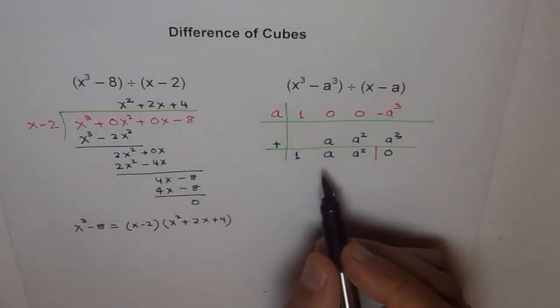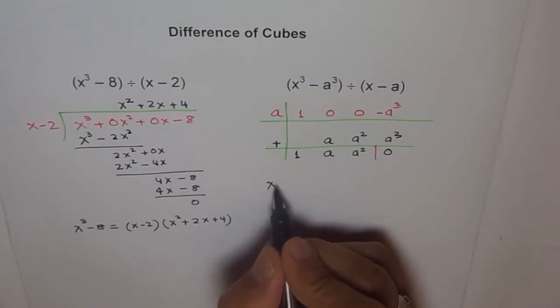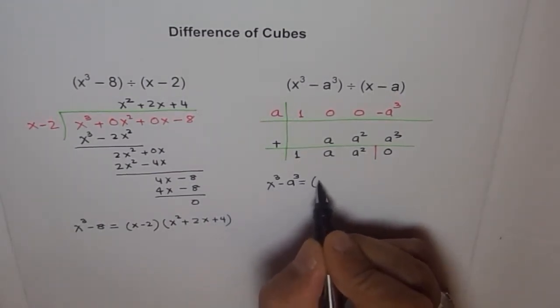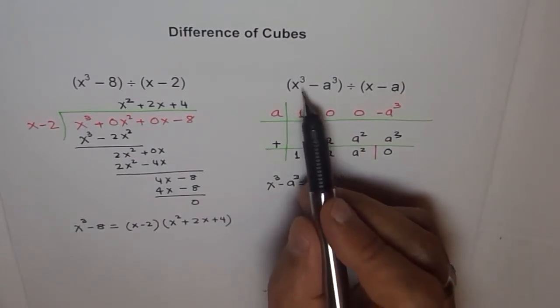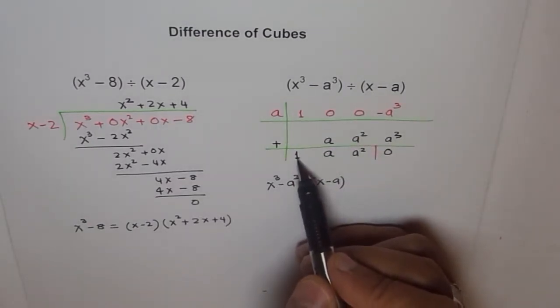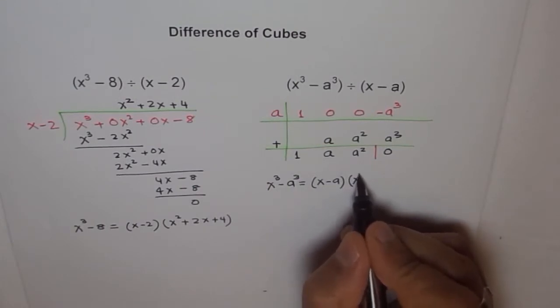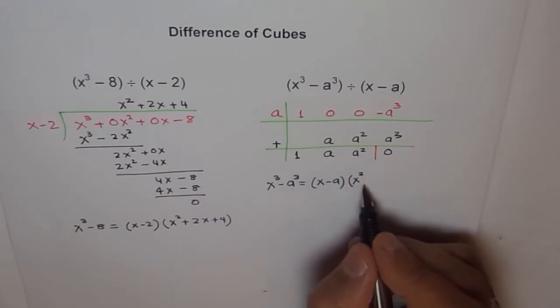I can now write my division statement like I wrote here as x cubed minus a cubed is equal to x minus a times the quotient. Now since this degree was 3 and this is 1, it starts with x squared. So it is x squared, coefficient is 1, no need to write 1 here, plus a is the coefficient for x, right?